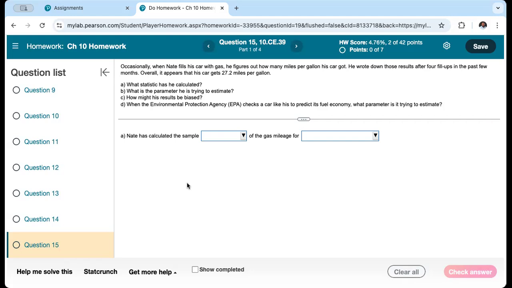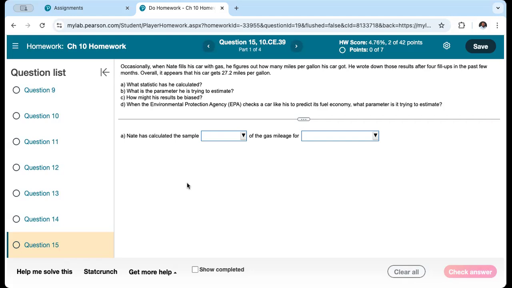Anybody want to try A? The gas mileage for the last 7 fill-ups of his car. Why? Because when you're reading it, the time frame is the last 7 fill-ups of his car, and the other two options are his car and all models of that car, and that doesn't accurately represent what's being said.